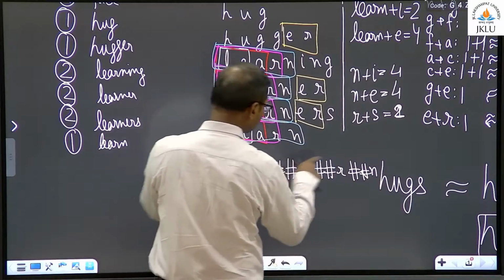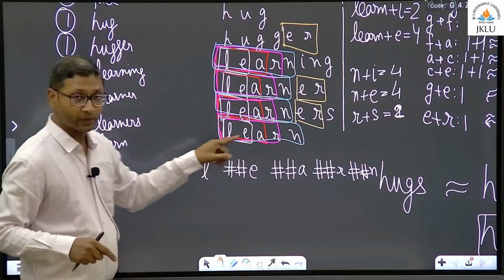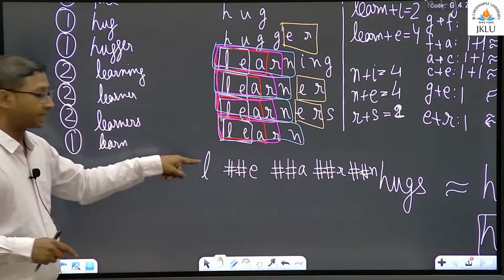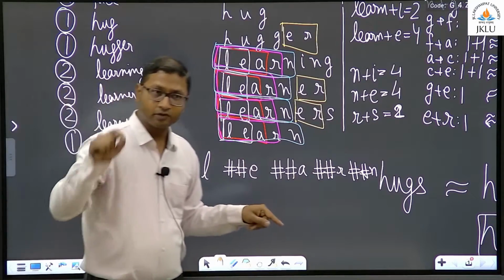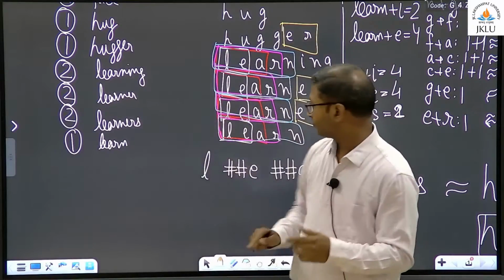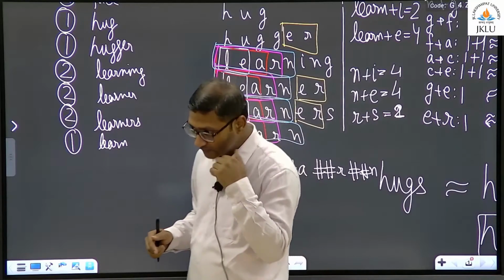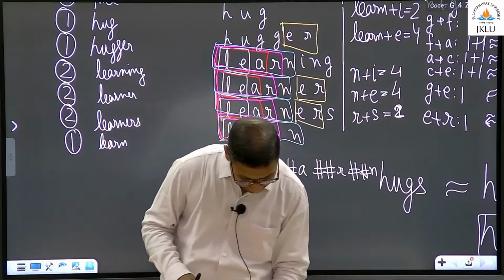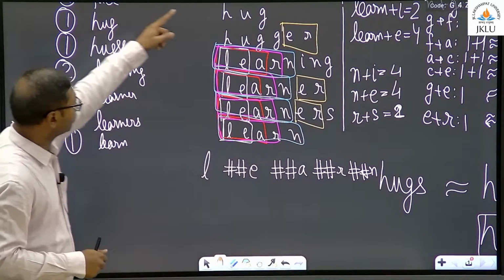So this is how you initially split in BERT. This is your first letter, first character. Every character after that will have a hash hash before you write it. Okay. So what is my initial vocabulary? You do that same thing.